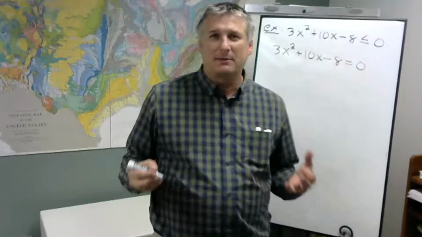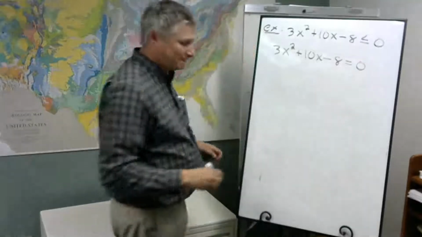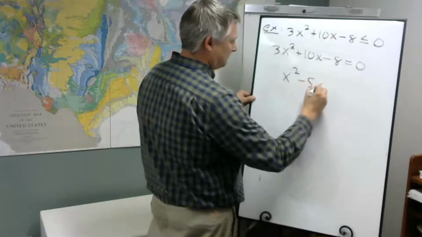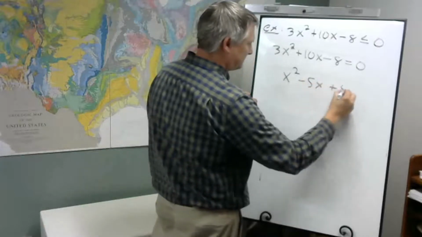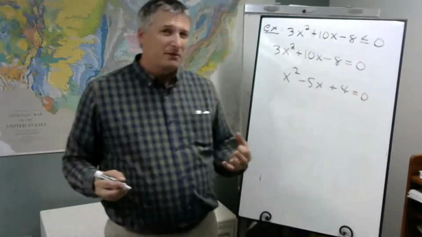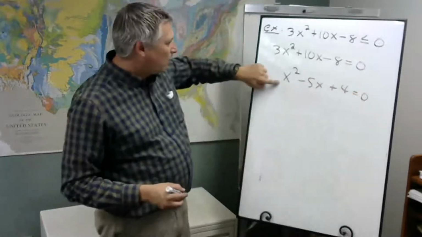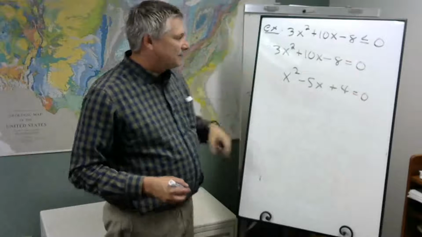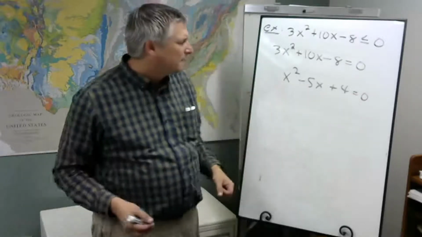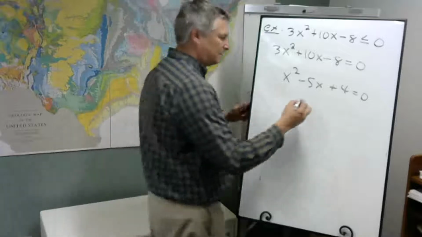And I do want to mention something about the factoring for the last problem. So we had this. I used what's called the guess and check method. And the idea is that when you have a 1 as the coefficient of your lead term, and we're talking about a quadratic, then we can do this.